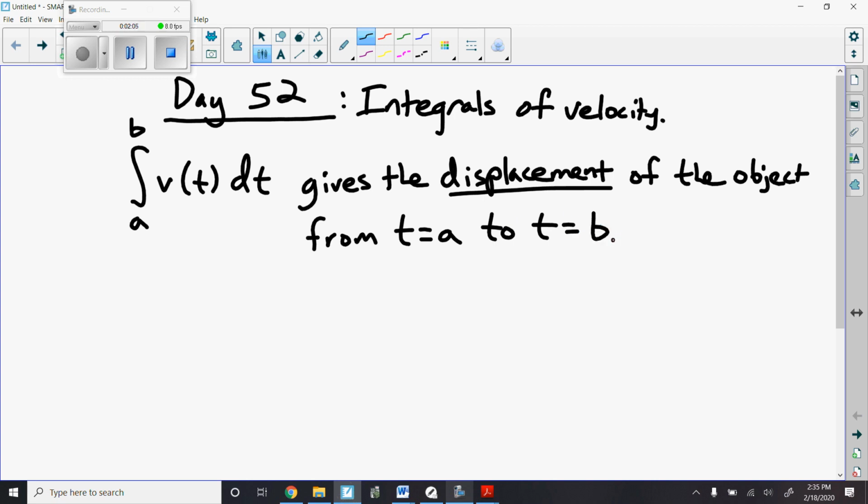Okay, so when we integrate a velocity function from A to B, that gives us the total displacement of the object from t equals A to t equals B.